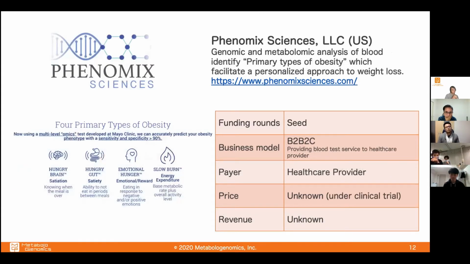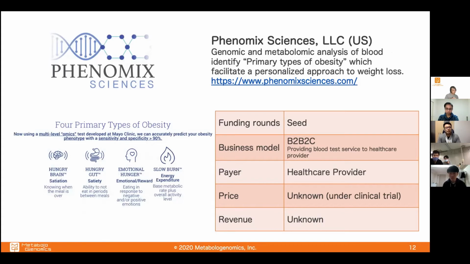And of course, as Taku has introduced several examples, the recent hot fashion in healthcare is personalized healthcare. And this company, Phenomic Sciences, is providing a personalized healthcare approach for obesity.